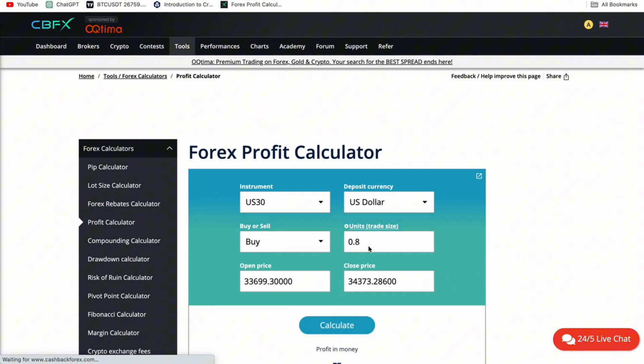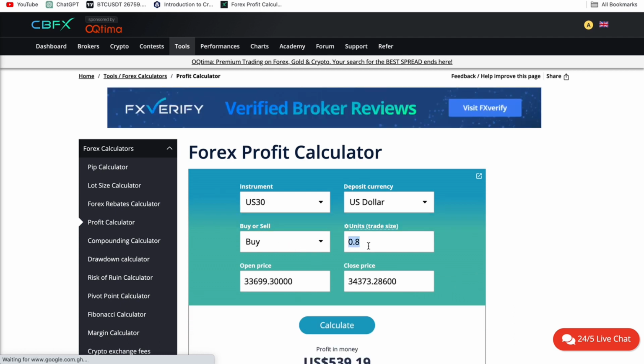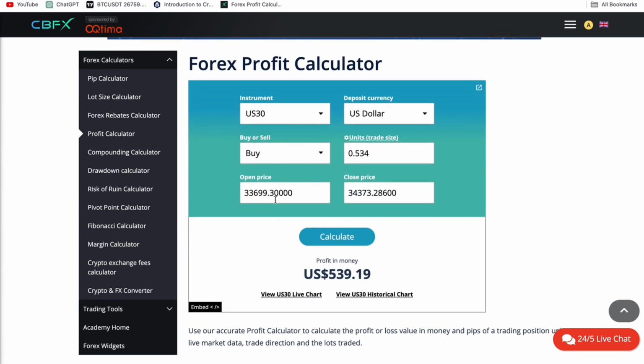So our profit calculator here. Now we are buying. Let's enter our stop loss. Our lot size is 0.538. Then this is our opening price, which was 33,724. Then our closing price, where we want to exit the market.